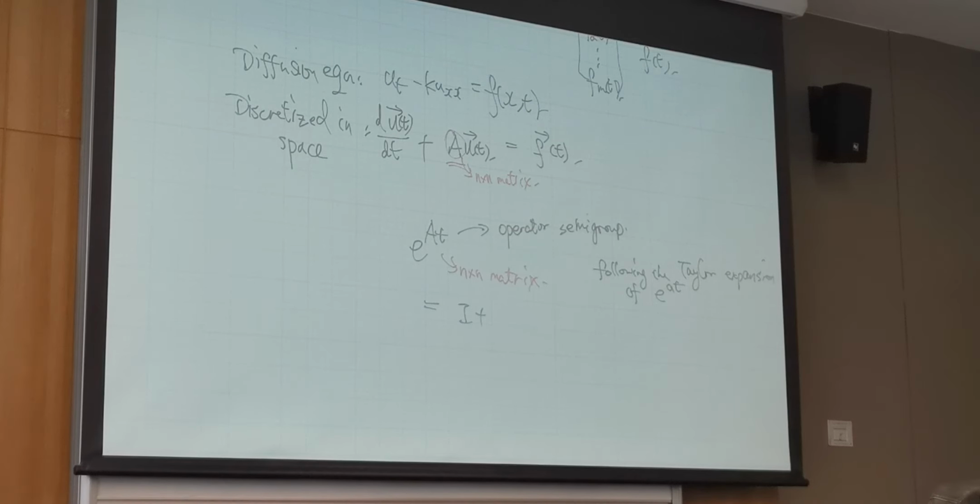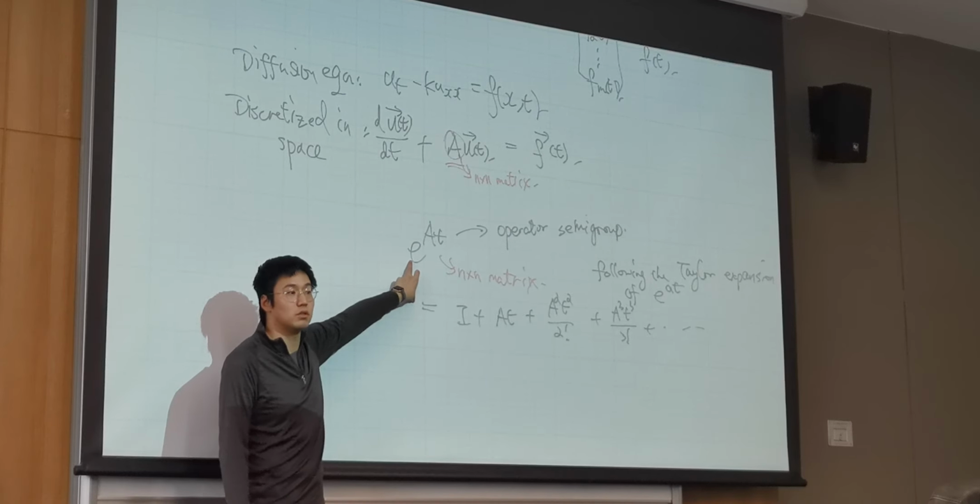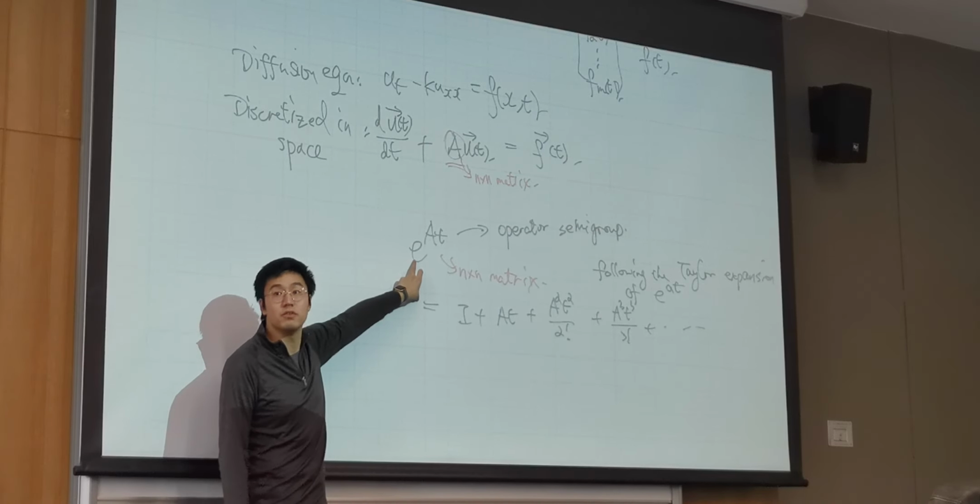But in this case, it's I plus At, and then plus A squared t squared over 2 factorial, and then plus A cubed t cubed over 3 factorial, and so on and so forth. Is there any question about this? Because we didn't really teach this in class. It all depends on if your ODE teacher has talked about this. All good for everyone? Okay.